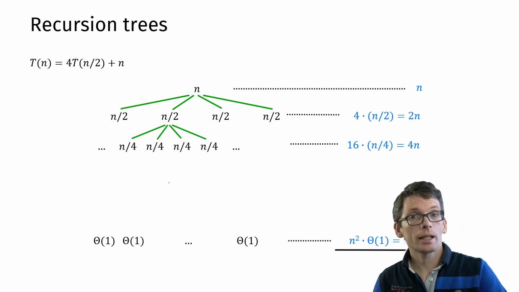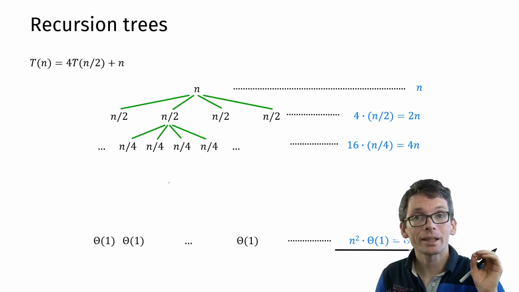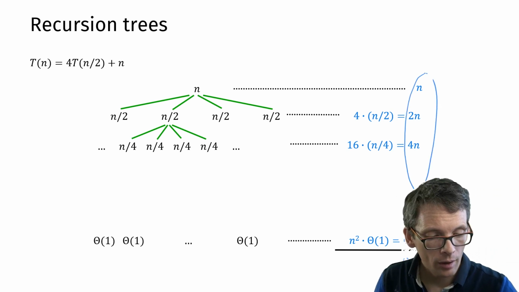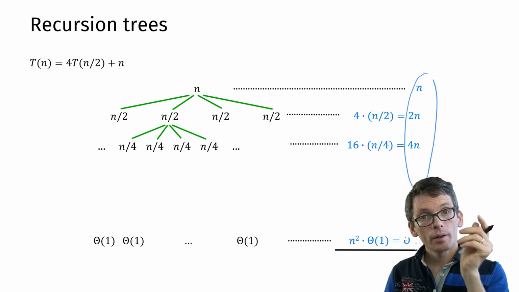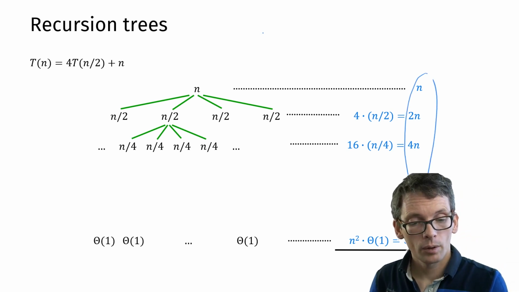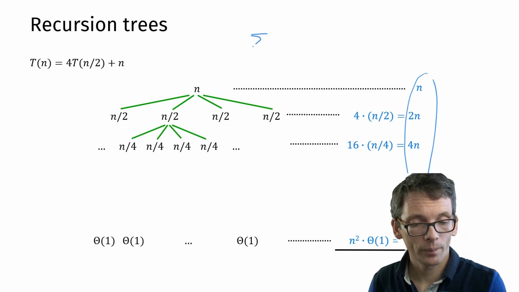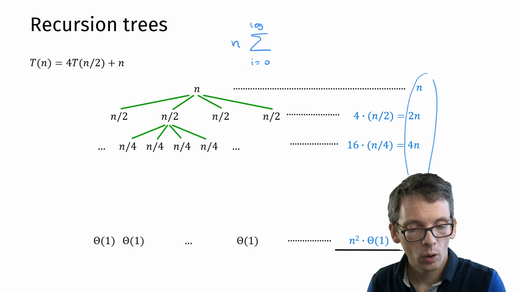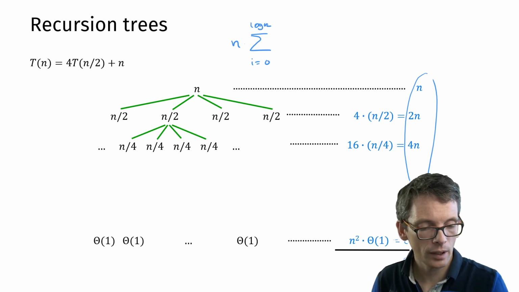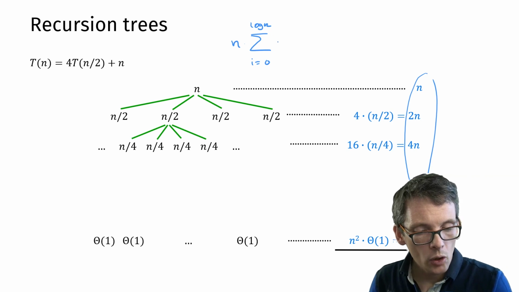The reason is that we again have a geometric series here, but now inside the geometric series we don't have something that is smaller than 1. Let me take the n outside: it's n times the sum with i going from 0 to log n, and again let's ignore rounding, of 2 to the i.